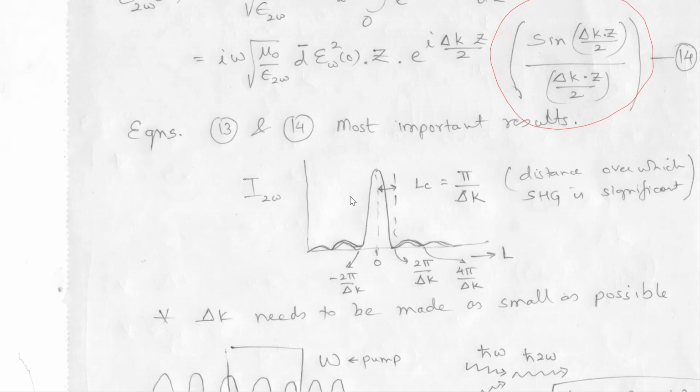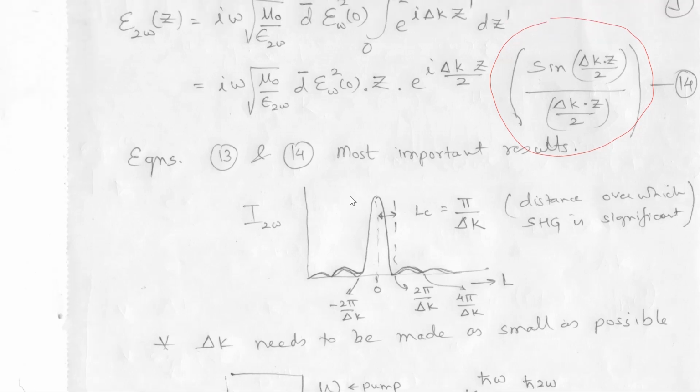right? So if delta k is finite, non-zero, then you will see that at z equal to 0, you get the maximum value, and you get this sinc square dependence for the intensity of the 2 omega field, the second harmonically generated field.